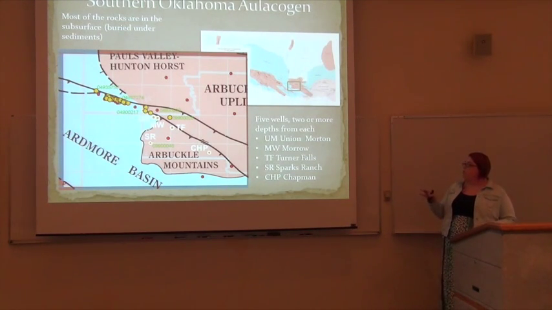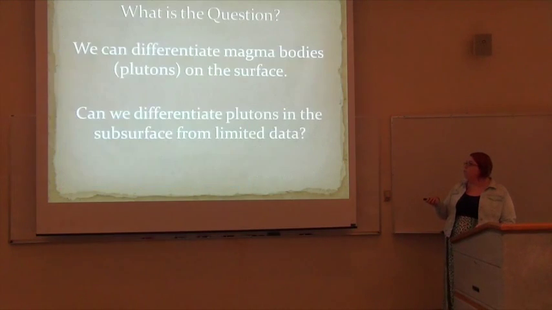So what we did is we took drilling wells from previous oil and gas exploration, and we took their samples, and I have two or more depths for each well to analyze. And here's where our wells are. This is Union Morton, this is Morrow, Turner Falls, Sparks Ranch, and Chapman.